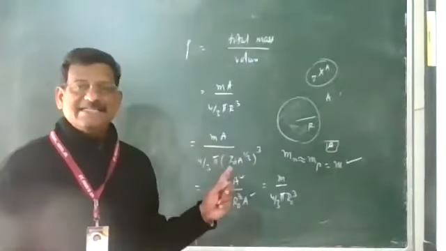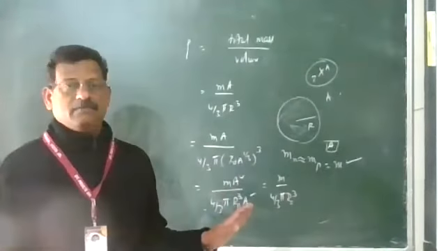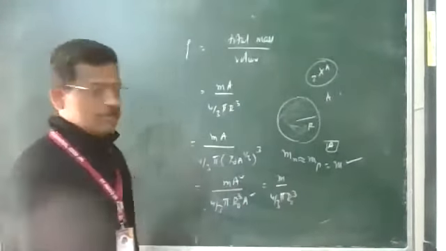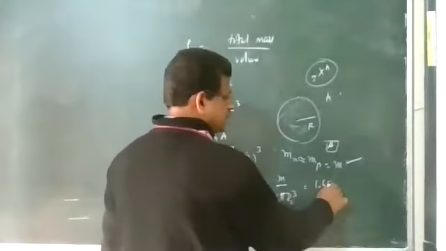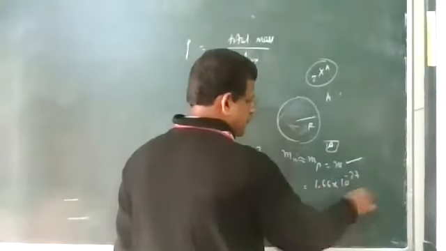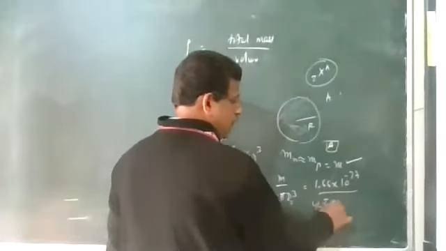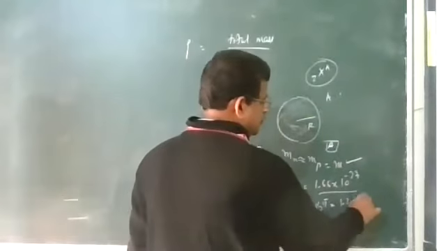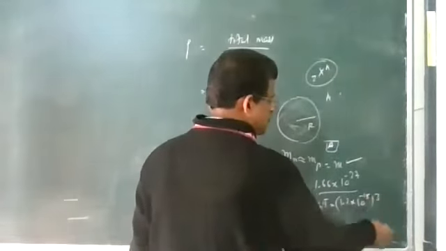So nuclear density is independent of mass number. m is a constant. So this is 1.66 times 10 to the minus 27 divided by 4 by 3 pi R naught cubed.